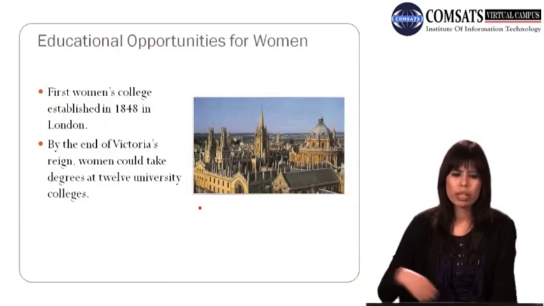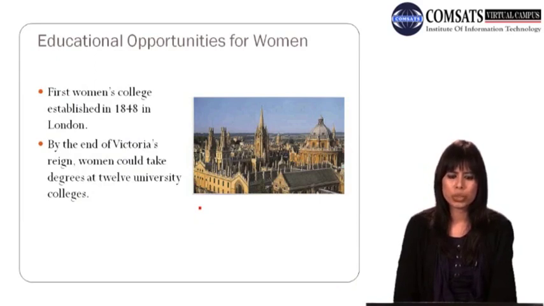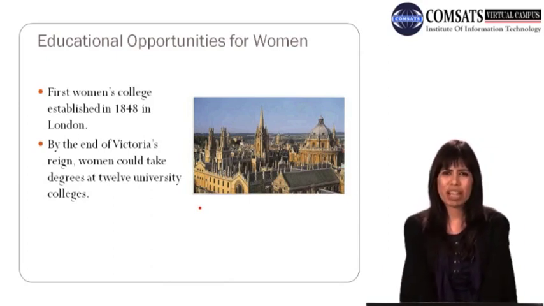Educational opportunities for women. First, a women's college was established in 1848 in London. By the end of Victoria's reign, women could take degrees at 12 university colleges. So my dear students, here you could see why we get so many Victorian female writers, because women started getting their rights in the society, how to live their lives.